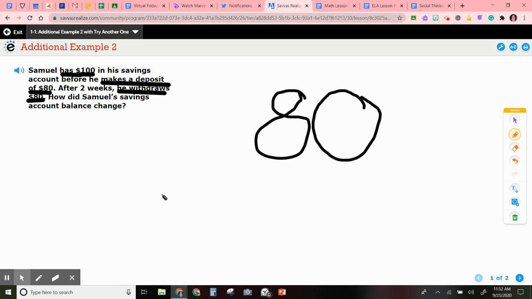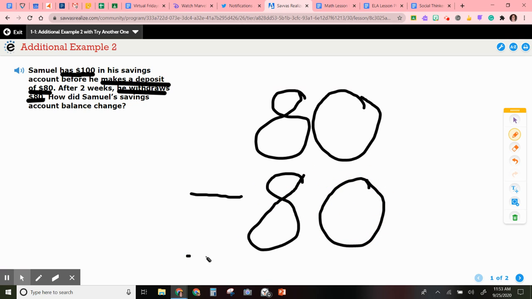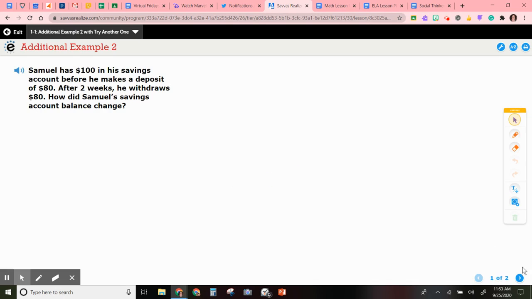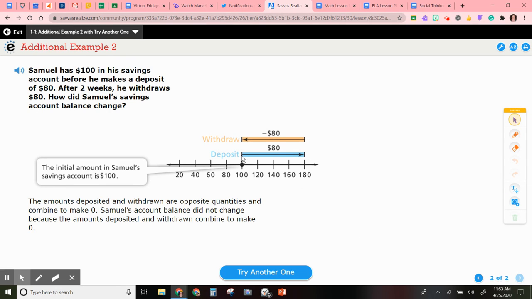After 2 weeks, he withdraws 80. Remember, withdraw is taking away. So he deposited 80 and then he withdrew 80. What's 80 minus 80? 0. So his savings account balance did not change.